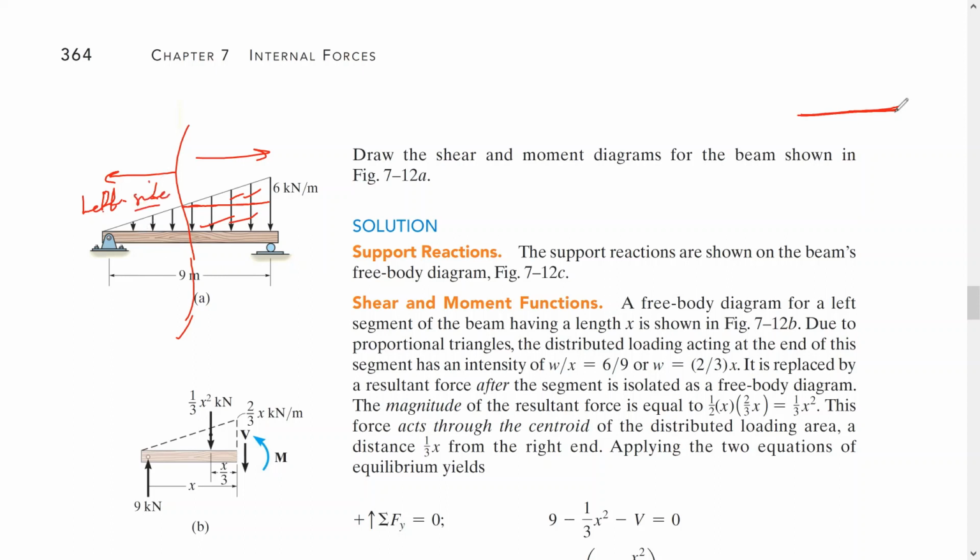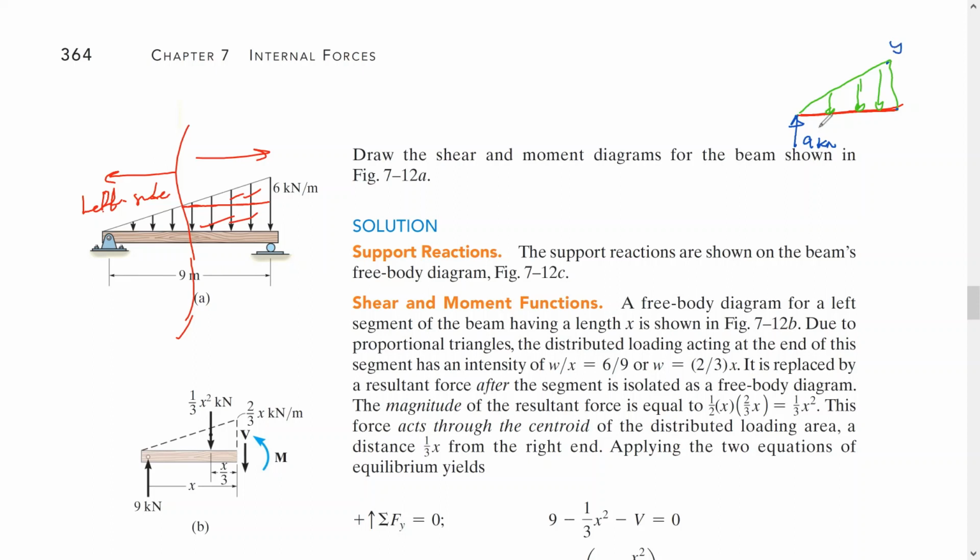So in this way, I want to just try a different color for the load. So we do have the beam, and this is the load. We do have nine kilonewton here, and we do have Y here.